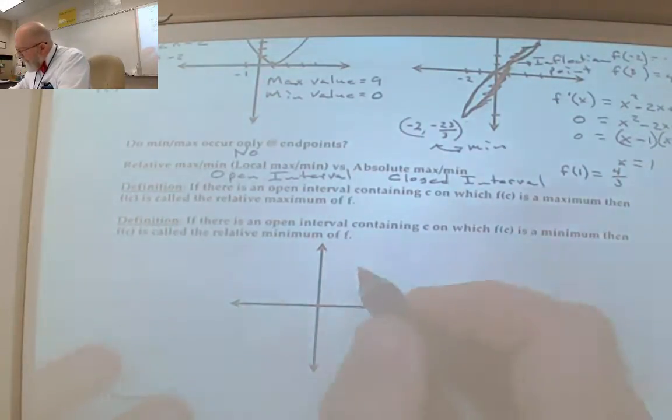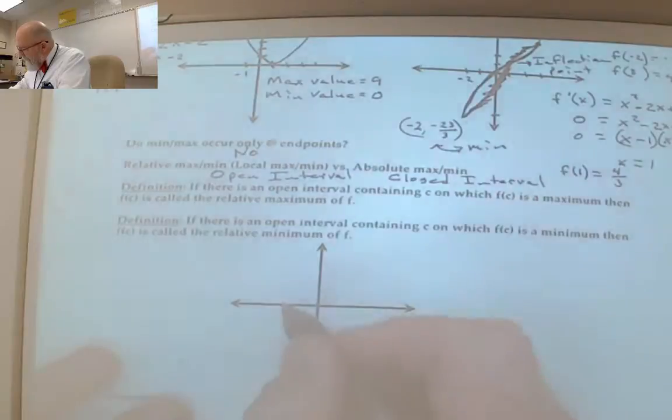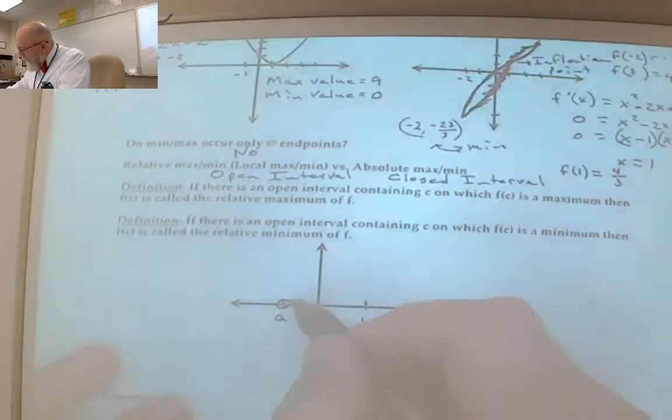And I'll show you what I mean by that. Let's say I have this. Here's A, here's B. I'll put open right there.